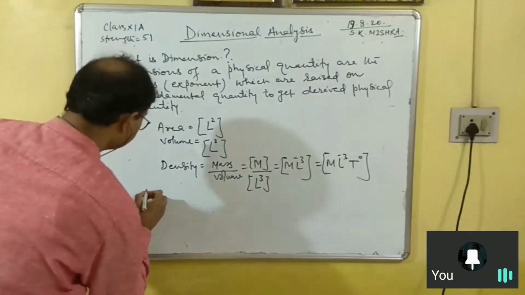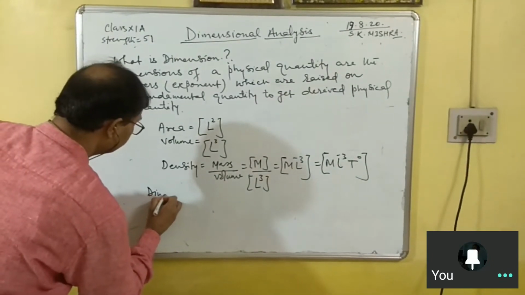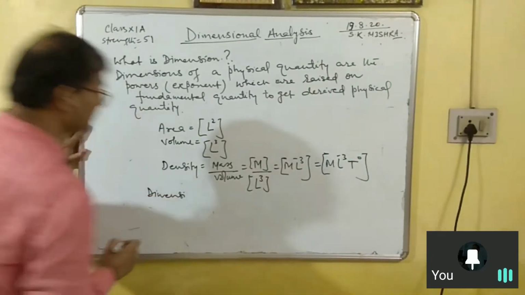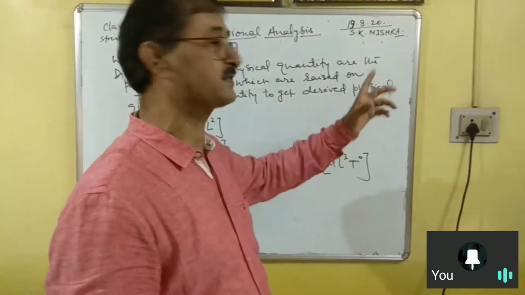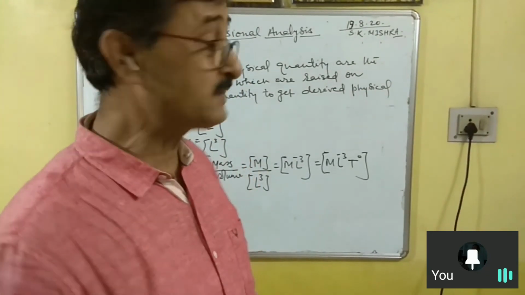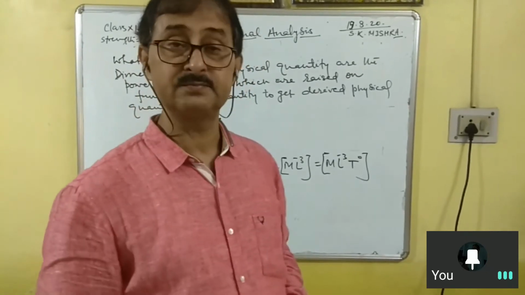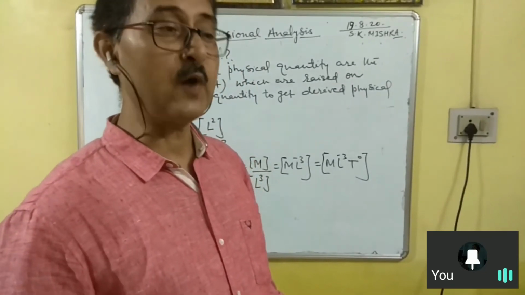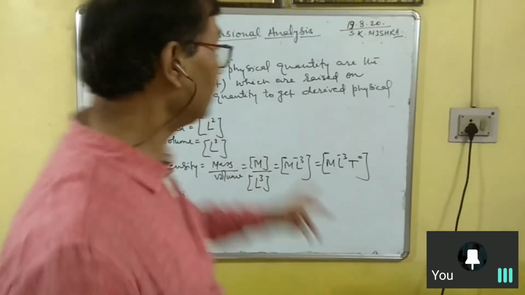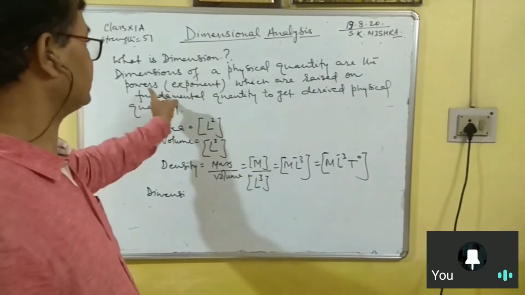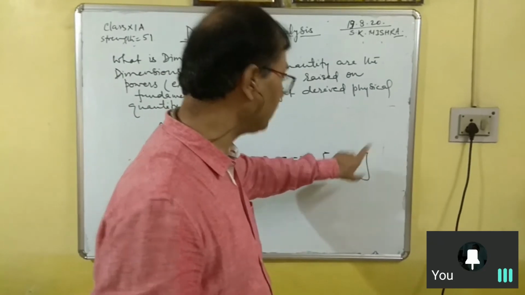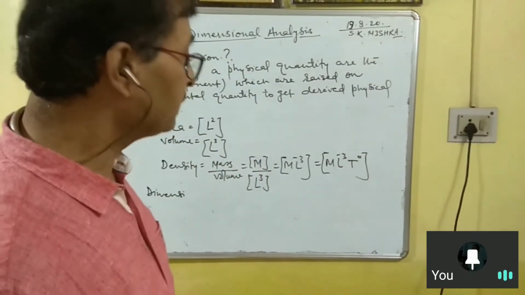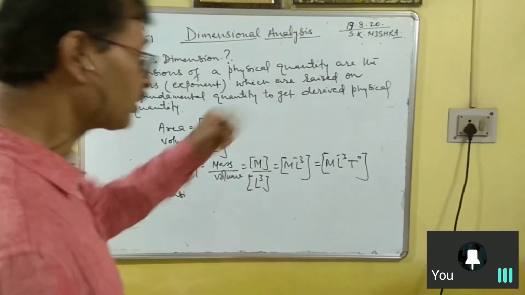So we used to write dimension. If somebody asks you what is the dimension of density, your answer should not be M L minus 3 T raised to 0. It means you are telling the dimensional formula. So dimensional formula and dimensions are different. Remember, dimensions are the powers, exponents. So you have to state these powers. So power is 1, minus 3, 0. These are called dimensions.